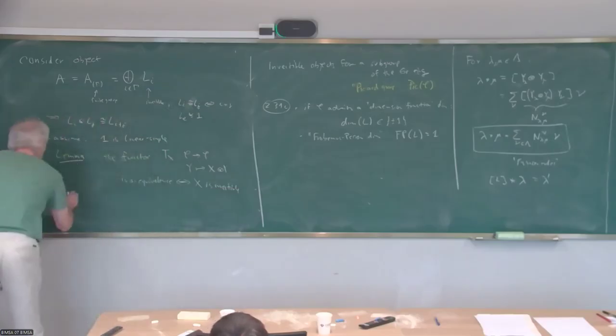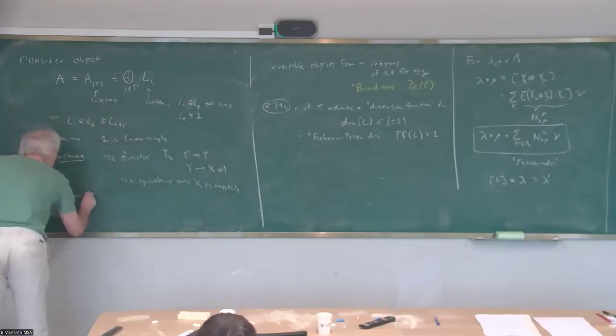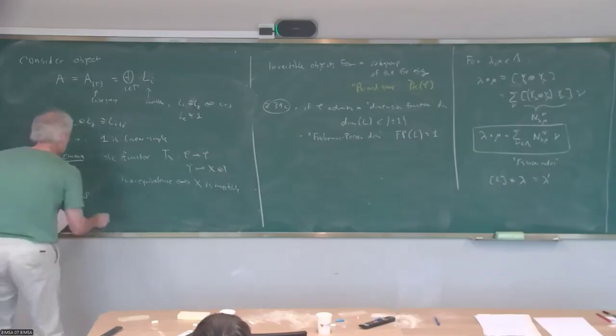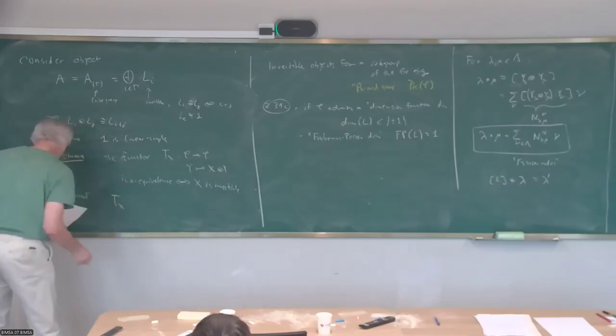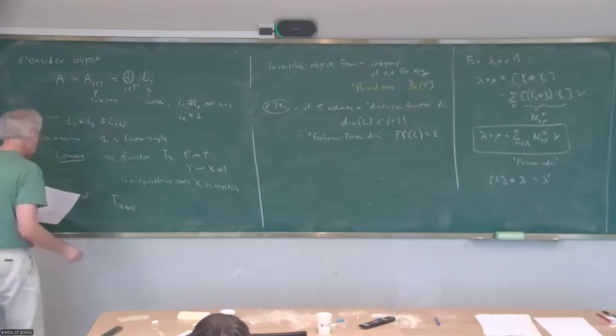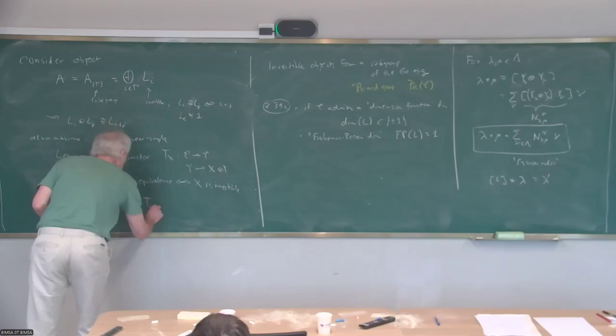And the idea of proof is the following. By construction, if I take T for X tensor X prime, then this is the same as T_X composed with T_X prime.